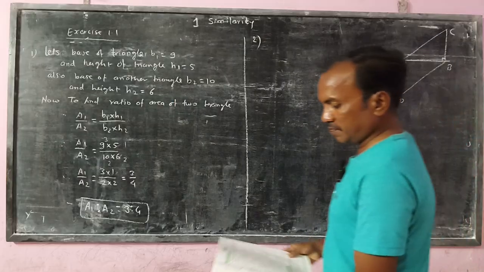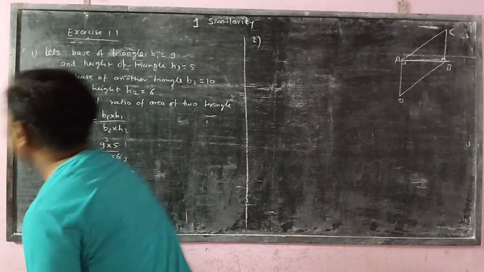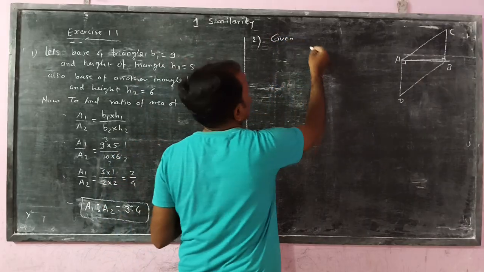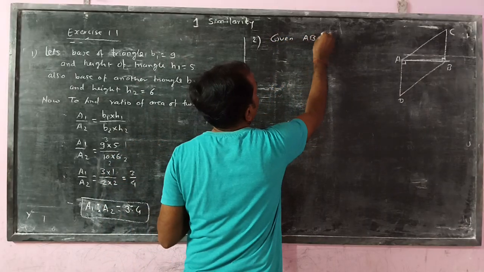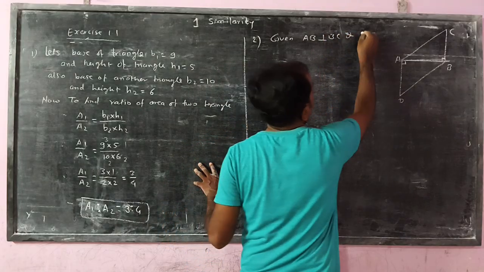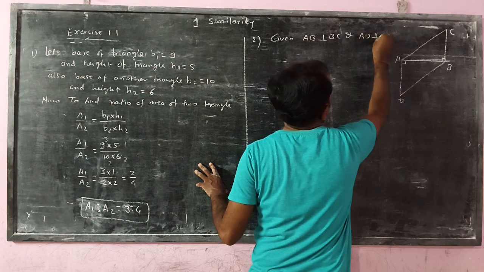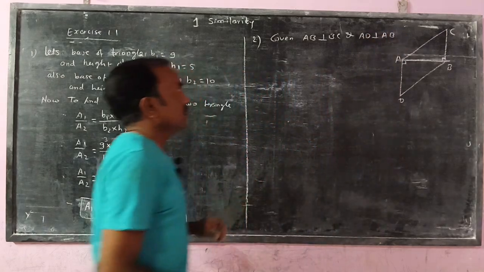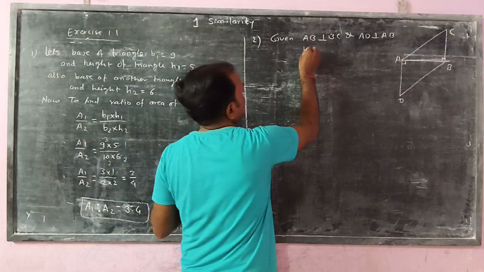Given here, AB is perpendicular to BC and AD is perpendicular to AB. In that case, the bases are the same.